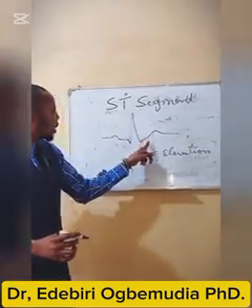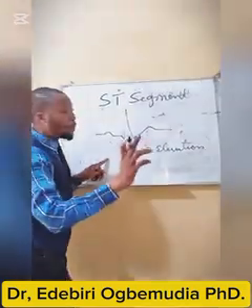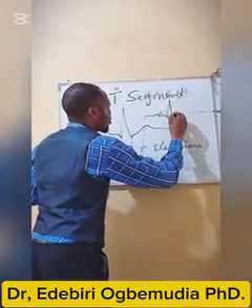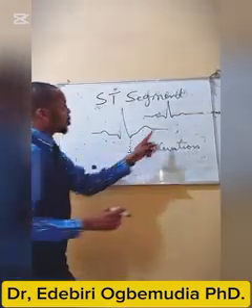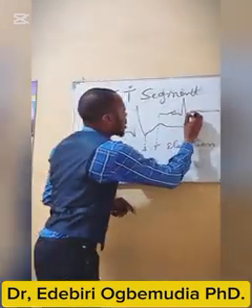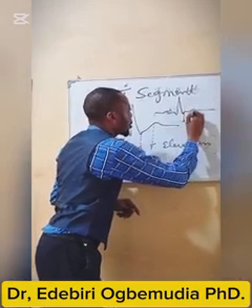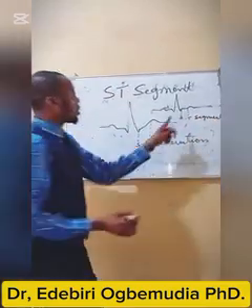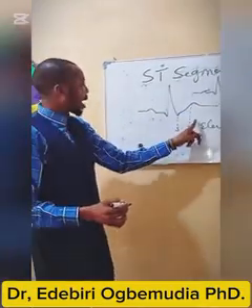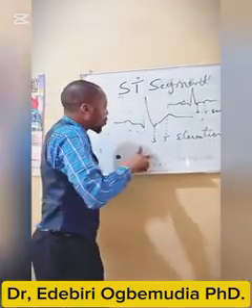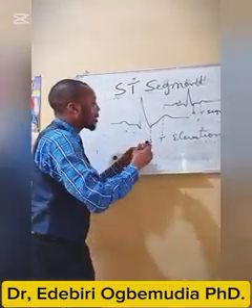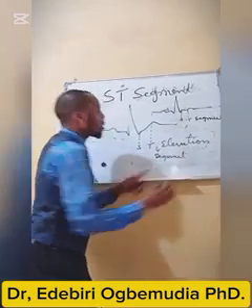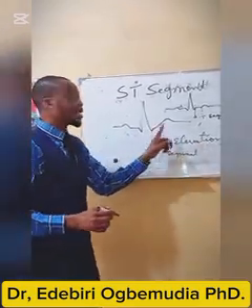You can see the ST segment is elevated as compared to this, a normal ST segment that is not elevated. This is S and this is T. This is a normal ST segment and this is an abnormal ST segment. This very one is ST segment elevation. So the ST segment is elevated.